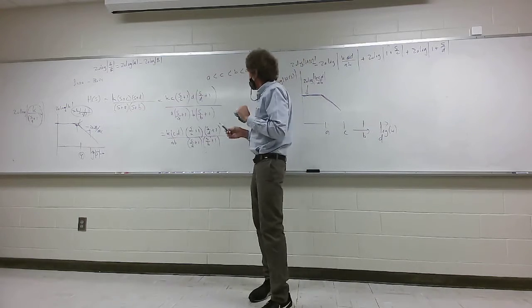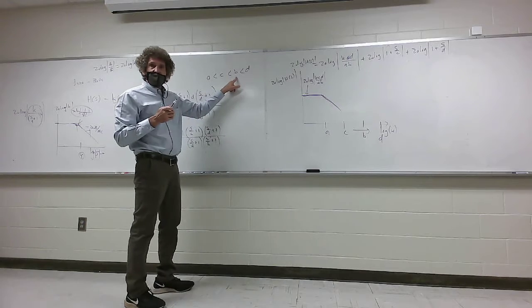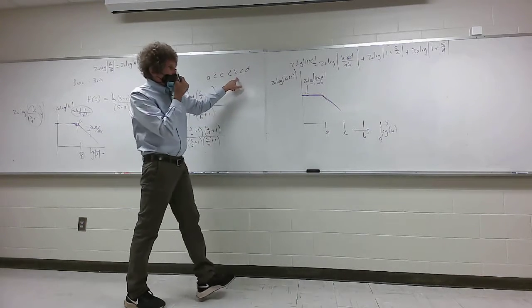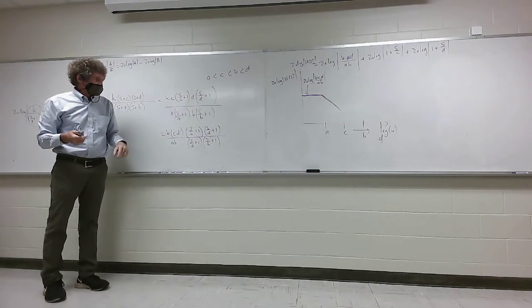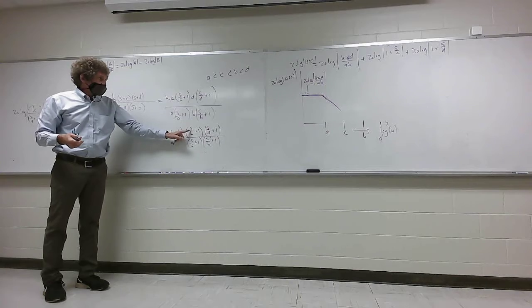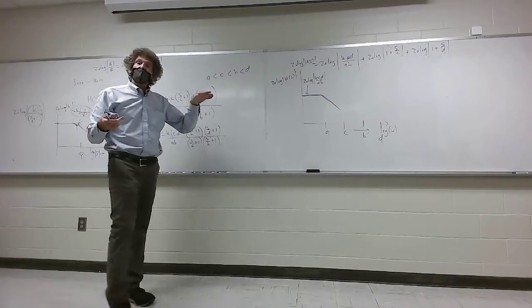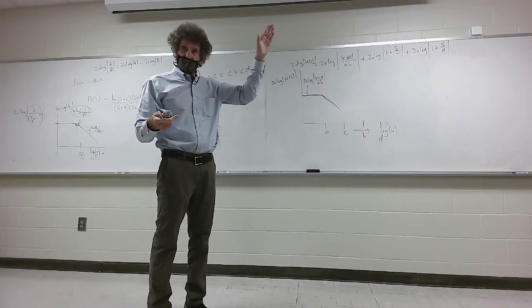What happens at C? Well, I said C was greater than A, but it's less than B. It's the next frequency up the chain, right? So what happens? Well, at C, where is C? C is a zero. A zero, so now what? It starts increasing at 20 dB per decade, right?